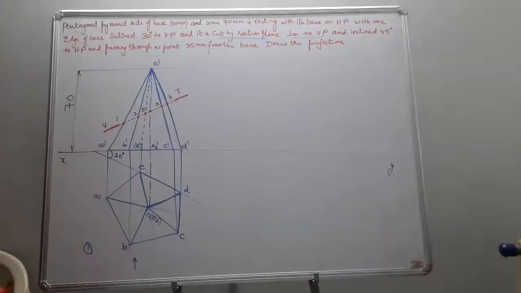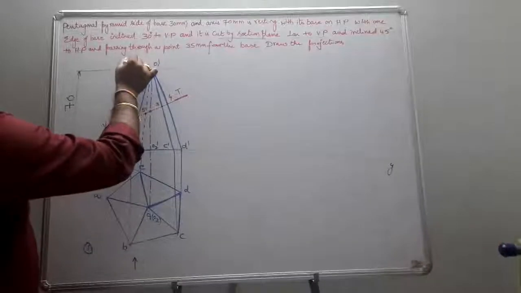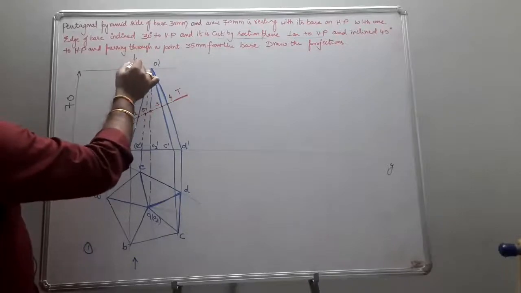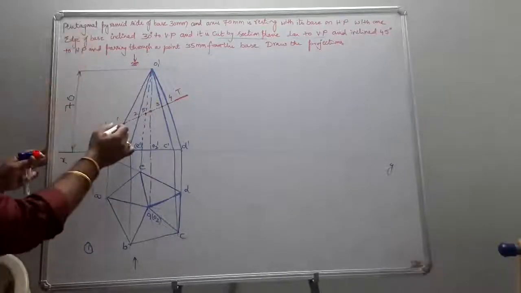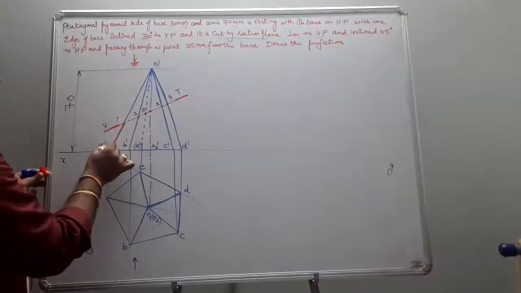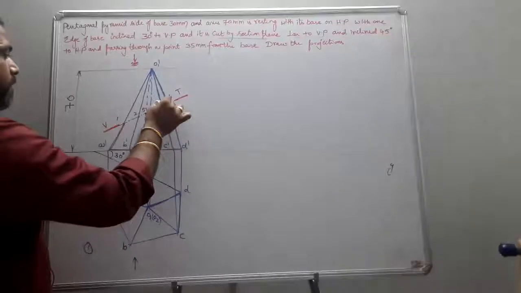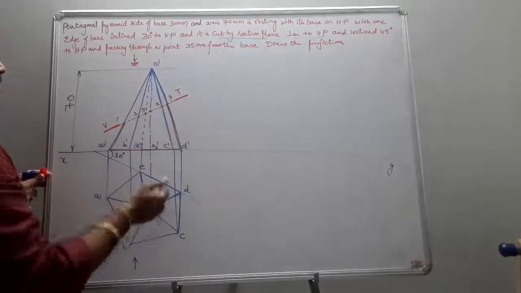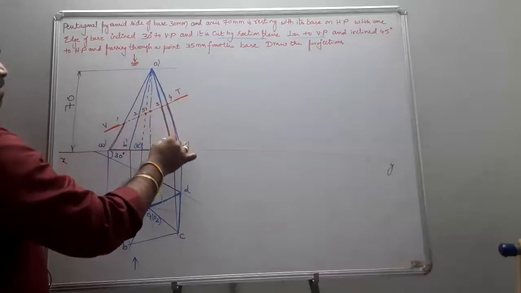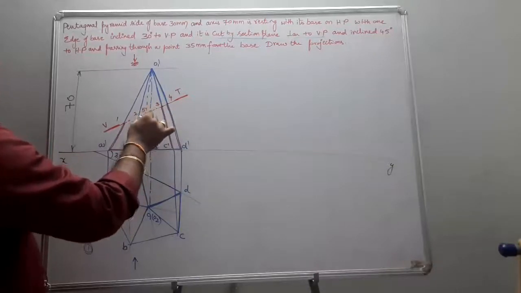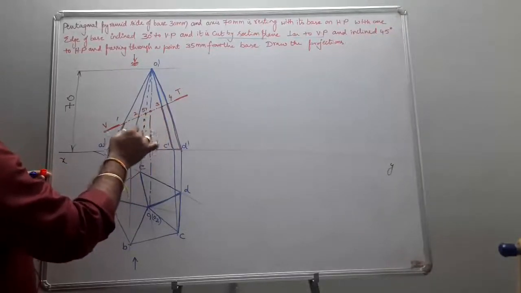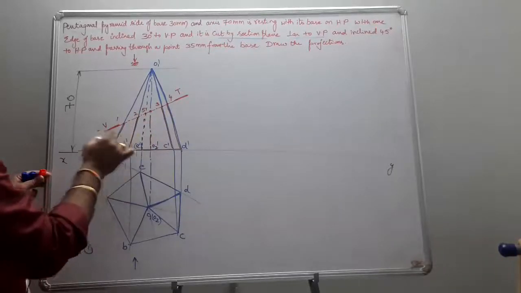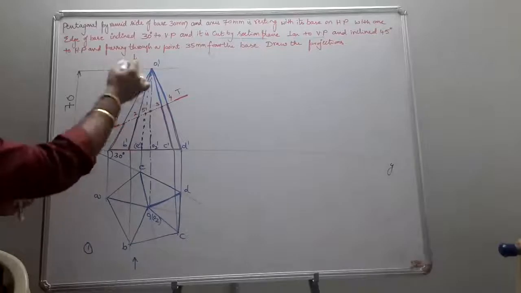Once you obtain your point 5, you already know that the portion between the observer and the cutting plane is going to be removed. So this portion is removed and this is the only retained portion. Let us see. This was the retained portion and this was the removed portion completely.